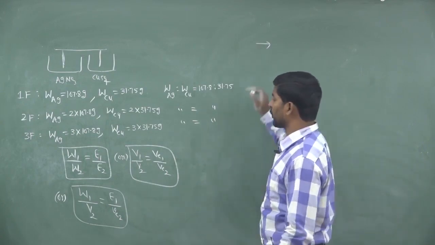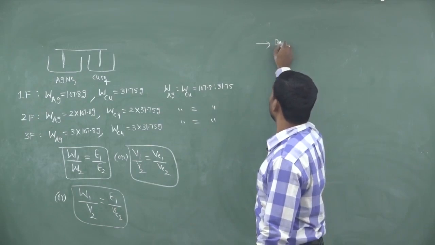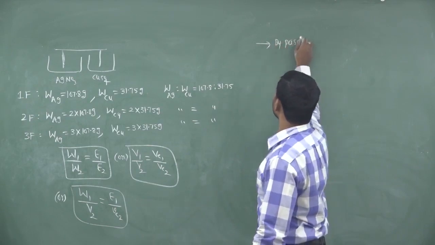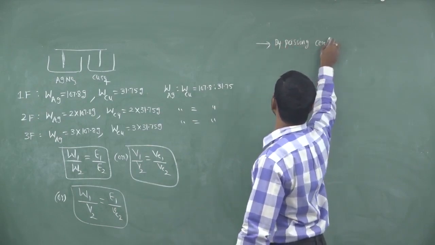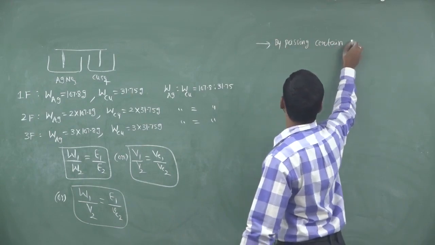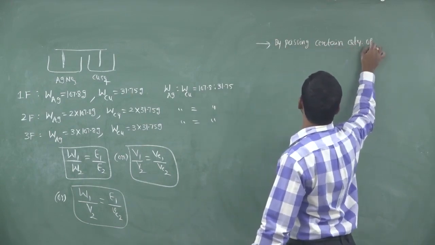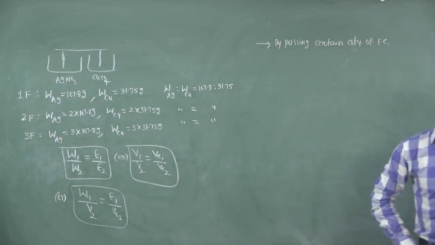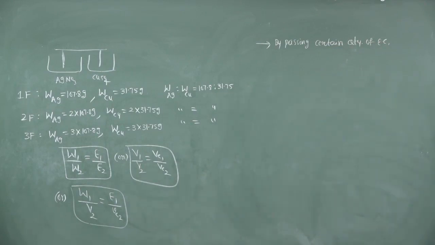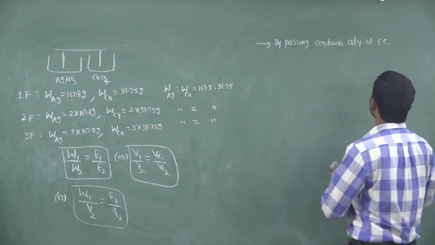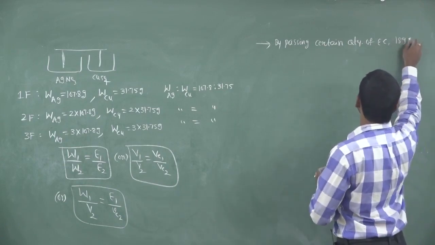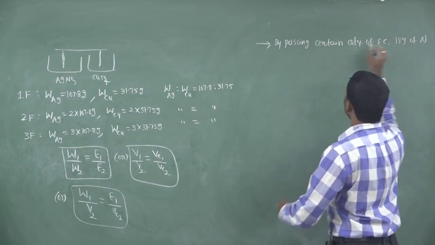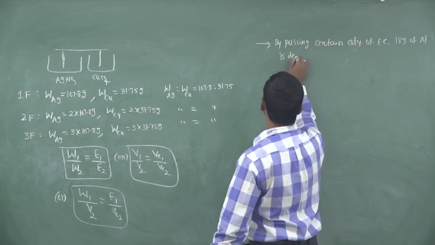For example, I am giving a question like this only. By passing a certain quantity of electric current, 18 grams of aluminum is deposited.